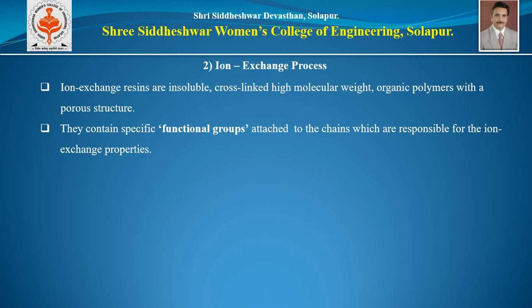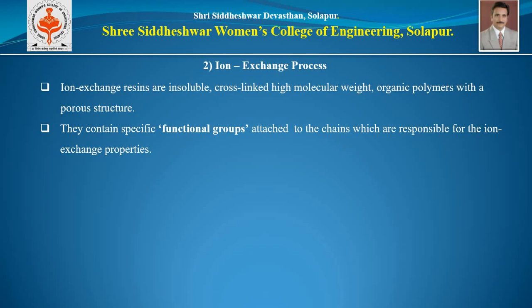In this process we use ion exchange resin. This ion exchange resin is nothing but an insoluble powder which contains cross-linked high molecular weight organic polymers with a porous structure.